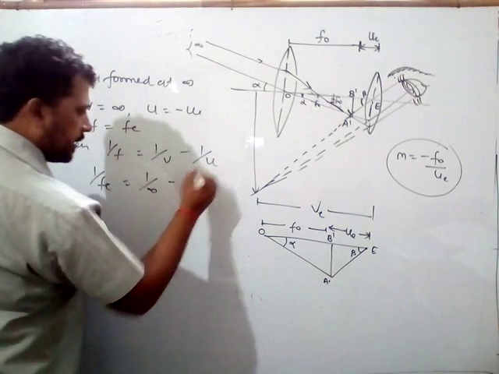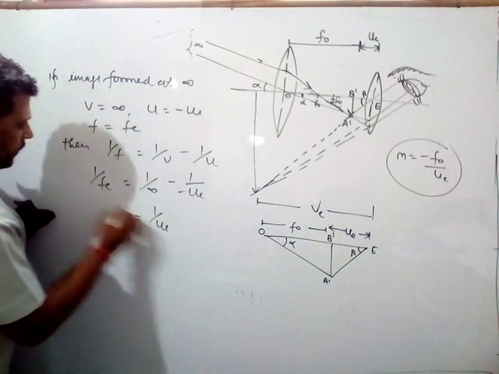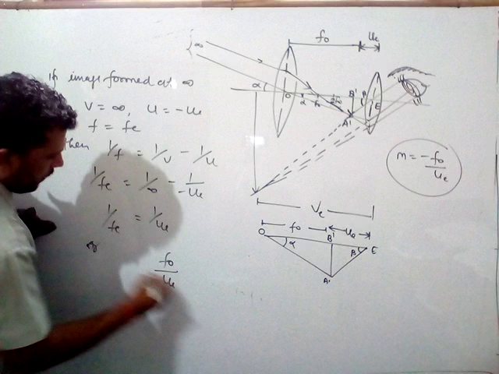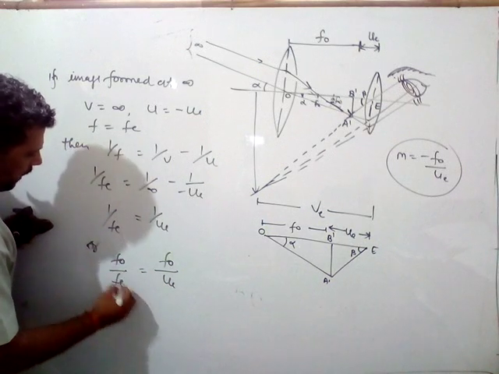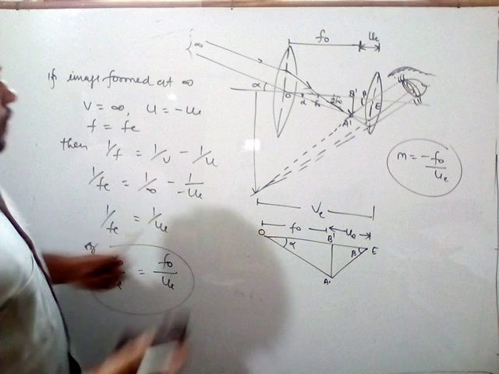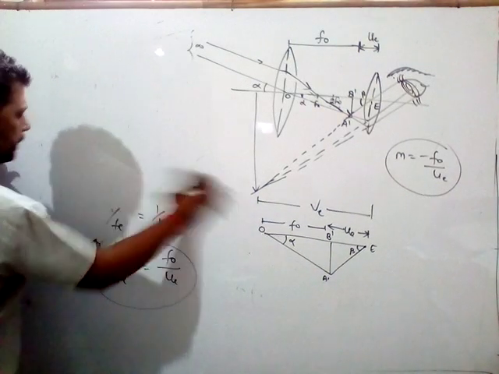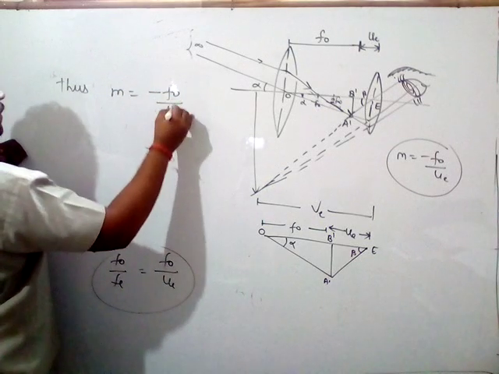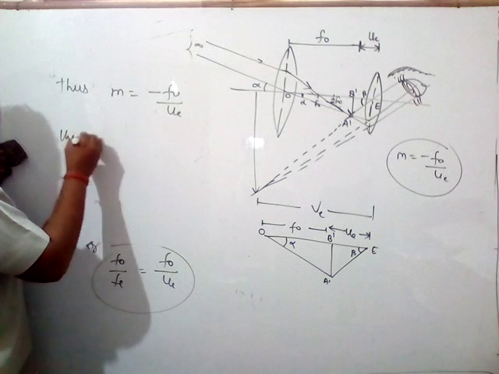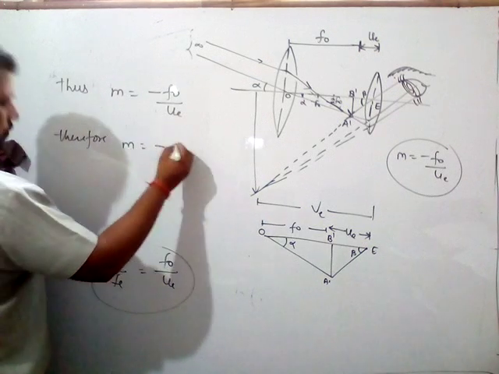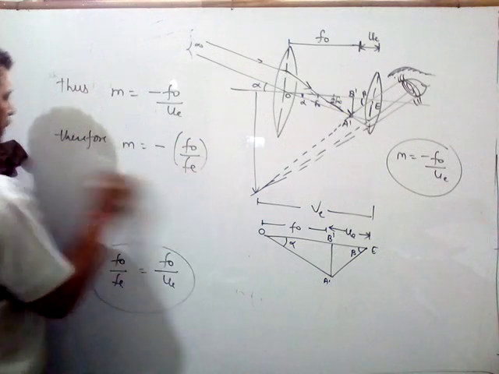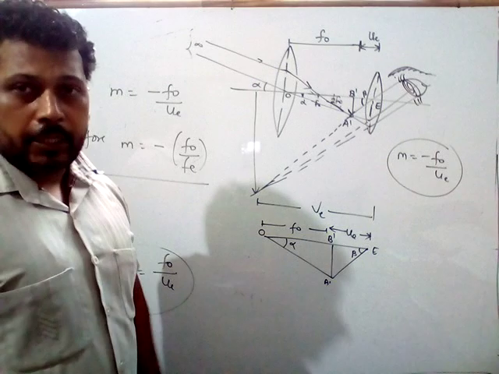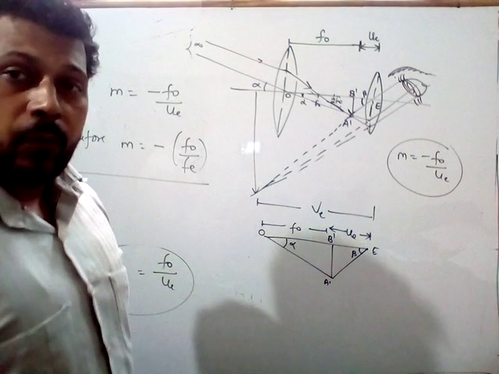The object distance is negative, so 1 by UE is equal to 1 by FE, and multiplying both sides by FO, FO by UE is FO by FE. Thus we know that its magnifying power is M equals minus FO upon UE. Therefore, M is equal to minus FO upon FE. So this will be the magnifying power of the telescope whenever its image is formed at infinity.